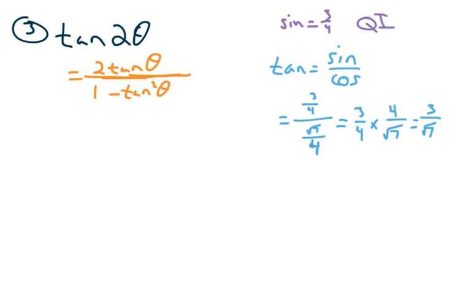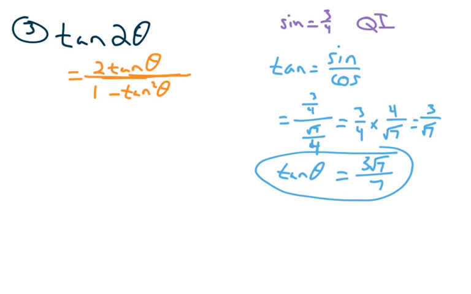And then to pull the square root out of the denominator, it's equal to 3 square root of 7 over 7. Now that we have the tangent of theta equal to 3 square root of 7 over 7, we can plug that value in and find what the tangent of 2 theta is equal to.